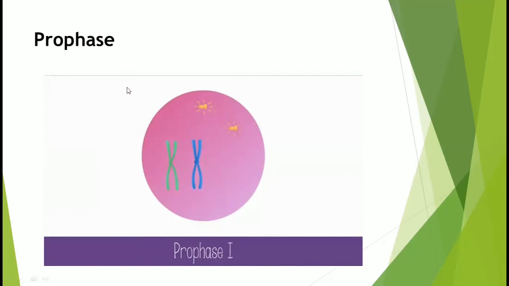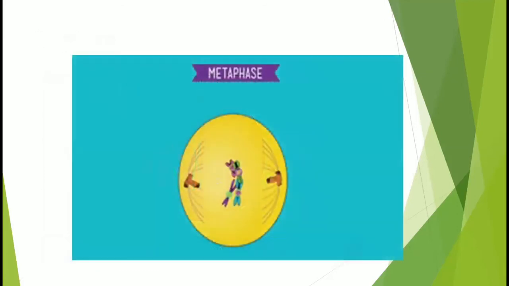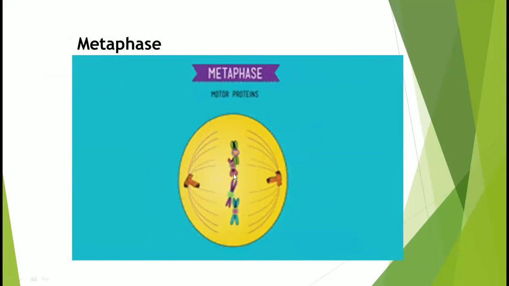Then the second stage is metaphase. Here you see the metaphase. Some structures appear where the sister chromatids are combined together. The nuclear membrane completely disappears in metaphase. Chromosomes complete their condensation and become clearly visible.